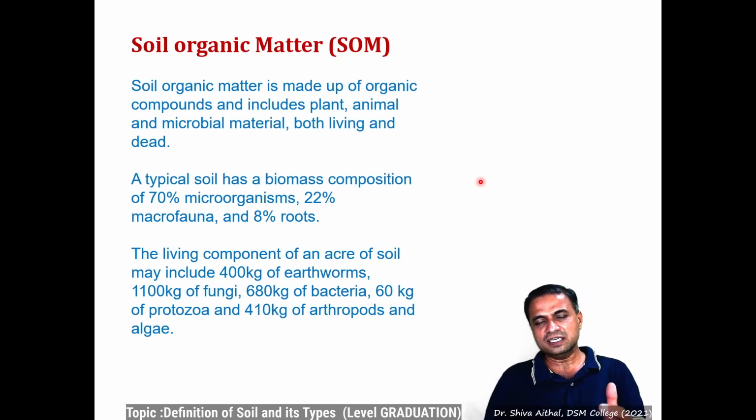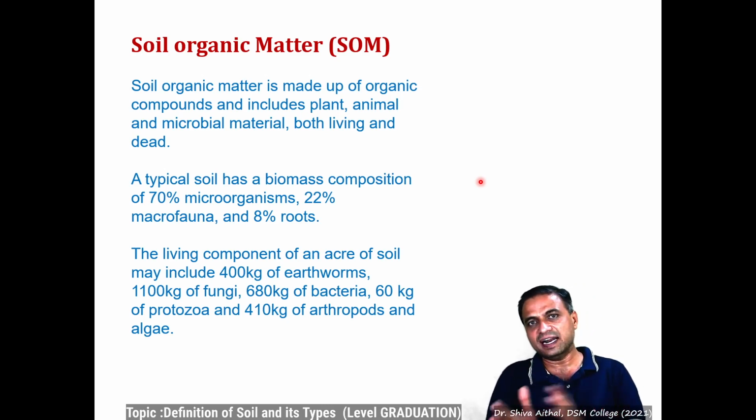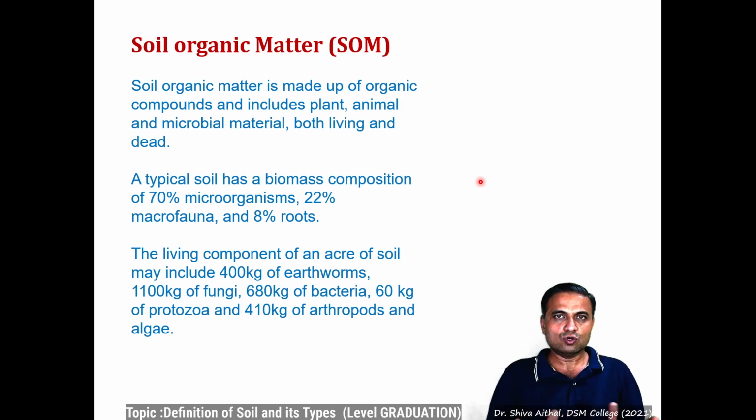In general, where there is a high organic content in the soil due to the dynamic life activities, it is called soil organic matter. Soil organic matter is made up of organic compounds which include plant, animal and microbial material, in the form of dead and living both. What is soil organic matter?